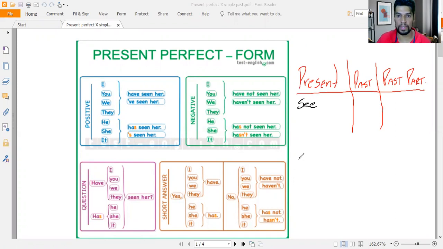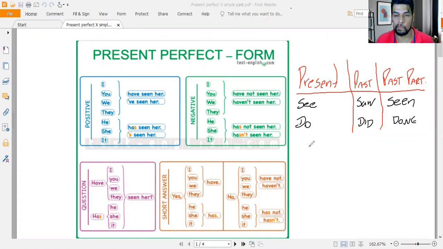So the present we say see, the past we say saw, and then we have past participle, seen. And another verb, do, did, done.